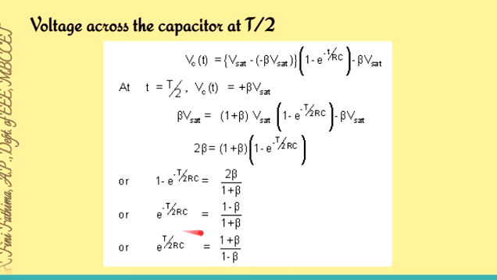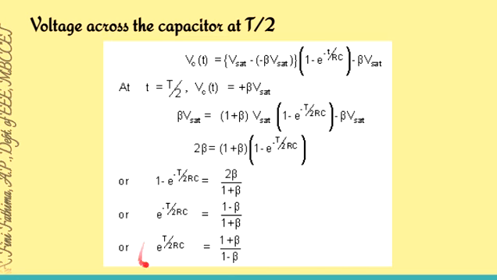Okay, and I am simplifying it and finally what I get is e raised to T by 2 RC is equal to 1 plus beta divided by 1 minus beta. First we solved it and we got e raised to minus T by 2 RC is equal to 1 minus beta divided by 1 plus beta, so we are taking the inverse so that we get e raised to T by 2 RC is equal to 1 plus beta divided by 1 minus beta.